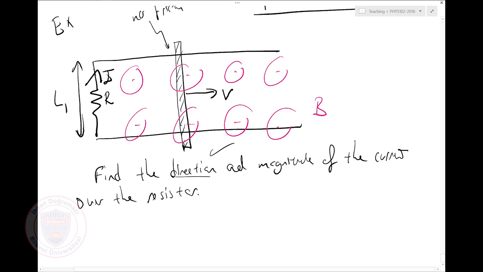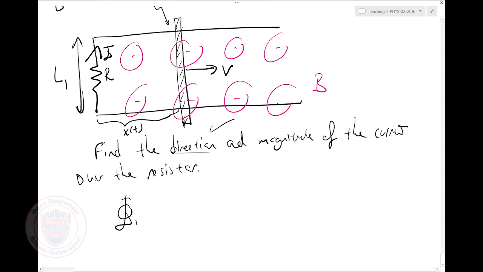How about the magnitude? Let's say that at some moment this length from the resistor to the rod is x of t. Can you tell me what's the flux through this loop? Well, it's B times the area of the loop. What's the area of the loop?